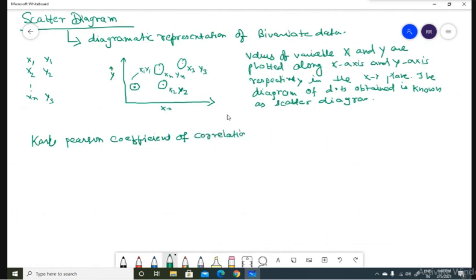Again, it is a unit free quantity. It was given by a British mathematician Karl Pearson. And this is the correlation coefficient between two random variables x and y.